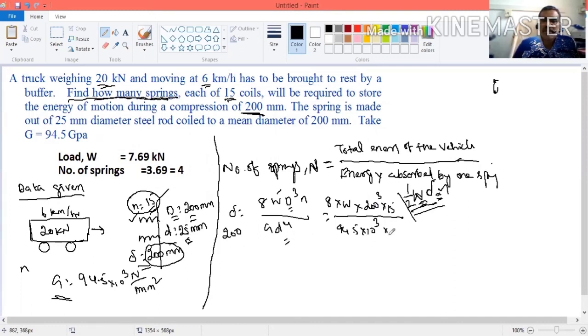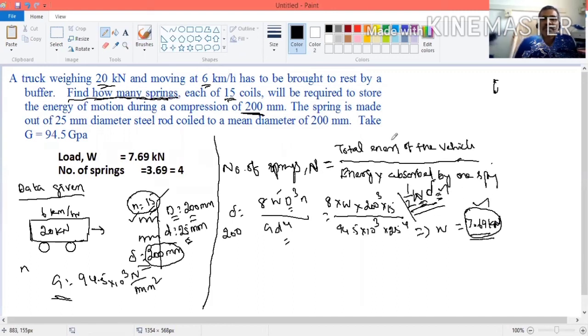Small d is 25, so 25 power 4. If you substitute, you can calculate the value of W. So W is equal to 7.69 kilonewton. So the load, the force acting on the spring, is 7.69 kilonewton. This is for one spring.